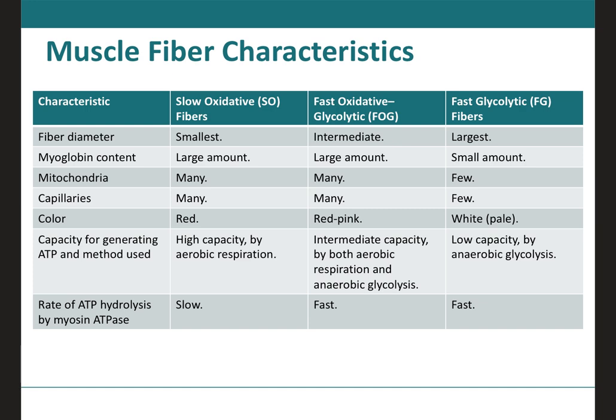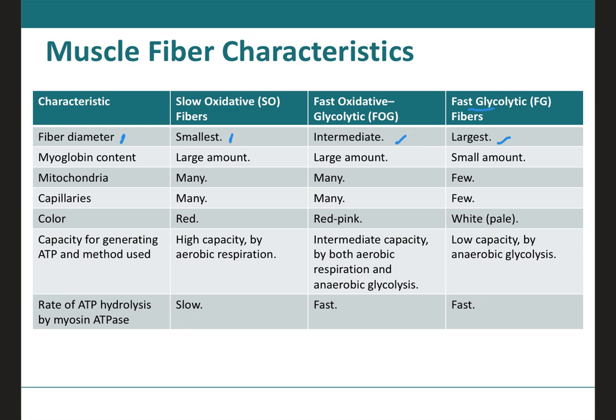As we can see, the diameter of the fibers is going to be smaller for the slow oxidative fibers, and then they sort of become bigger as we move on to the fast glycolytic fibers, which makes sense as the fast glycolytic fibers are going to be important for mass movement, right? But in a short period of time.